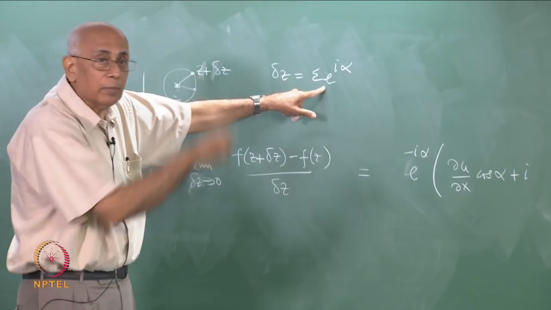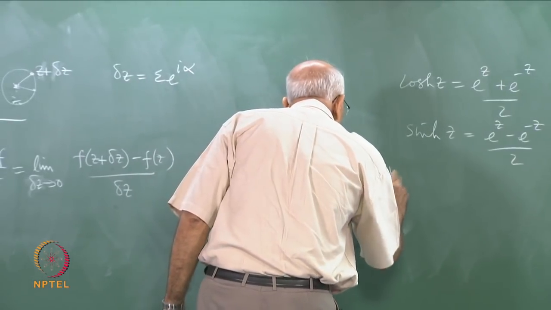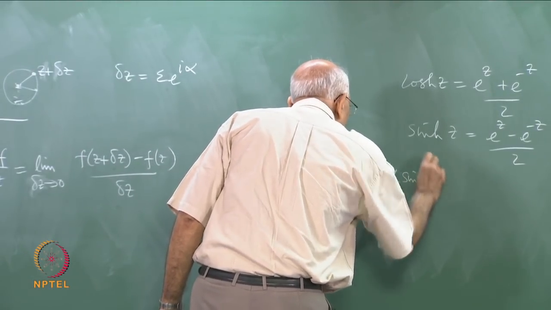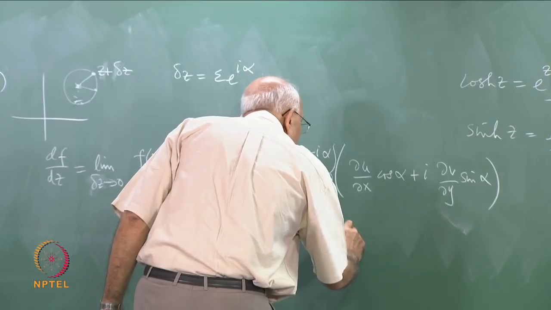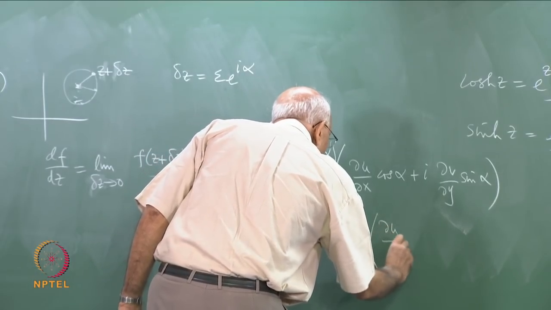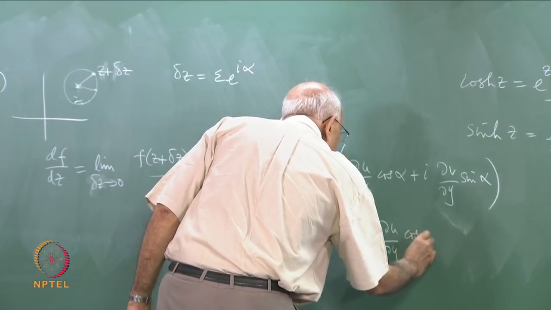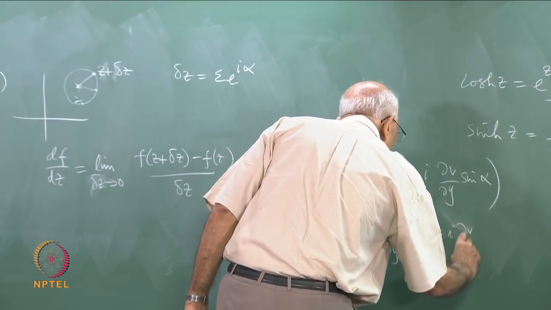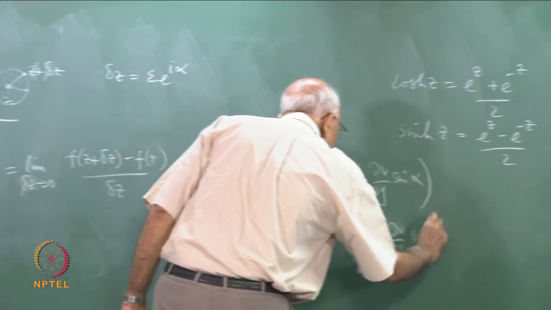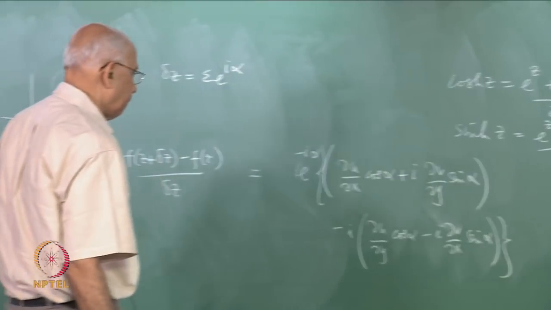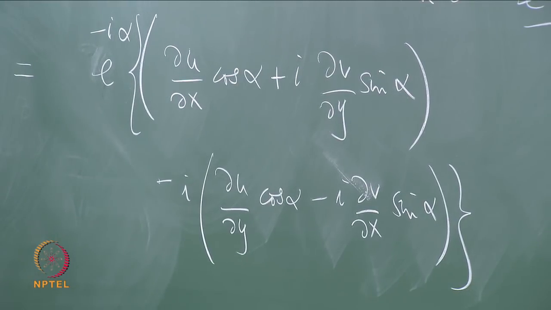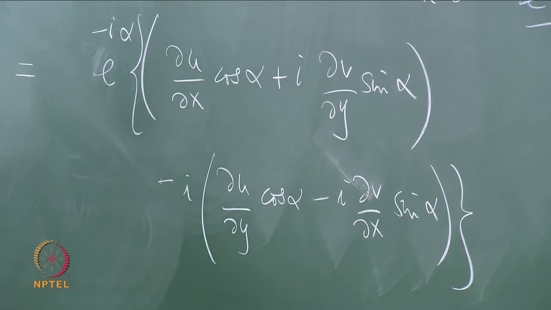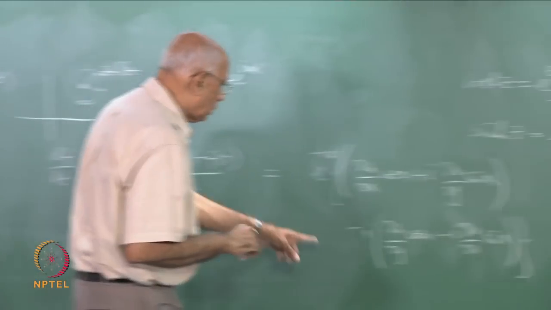So this guy is going to come minus up there, plus i delta v over delta y sin alpha minus i times delta u over delta y cos alpha minus i delta v over delta x. Or something like that. Not sure about this sign here. Okay.